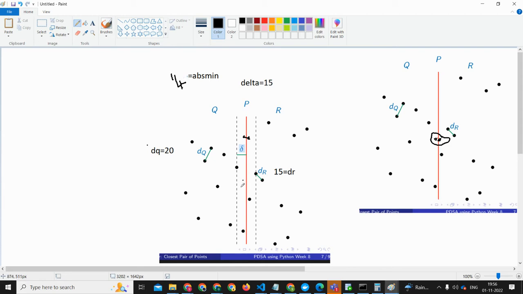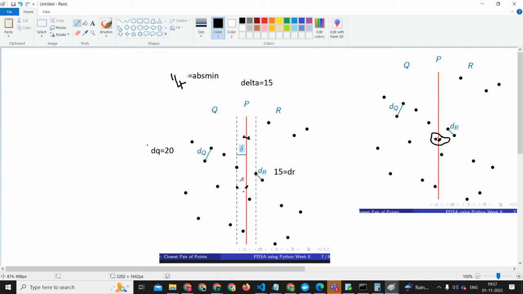If we take 15, one point should lie on this line and one point should lie on this line. If any point is between these lines, with one point on this line and some point on this line, then that is going to be the minimum. But that is not the case, because we have DQ on the left-hand side, which means there is no such point in this line.